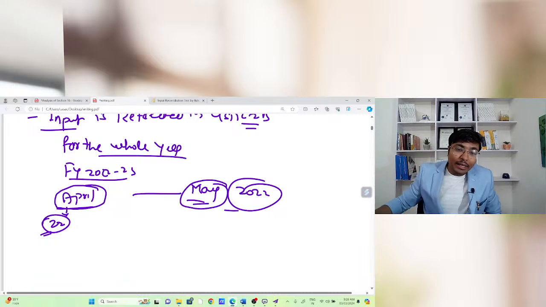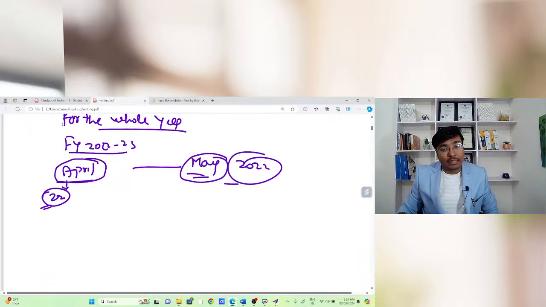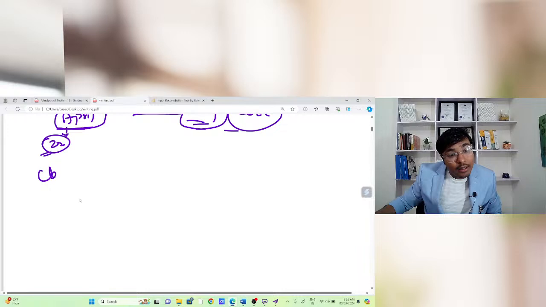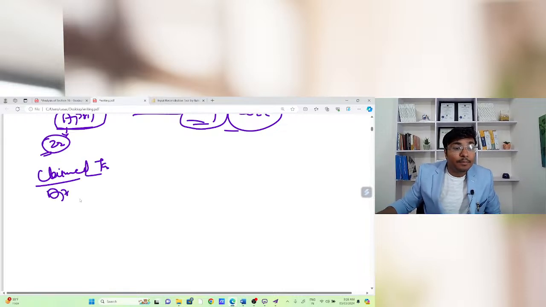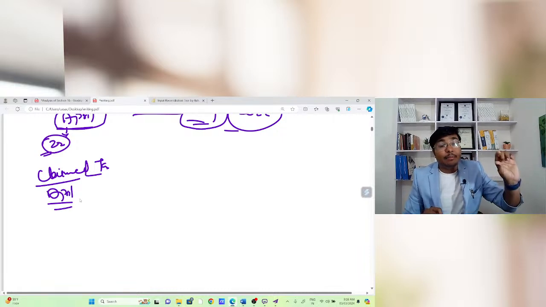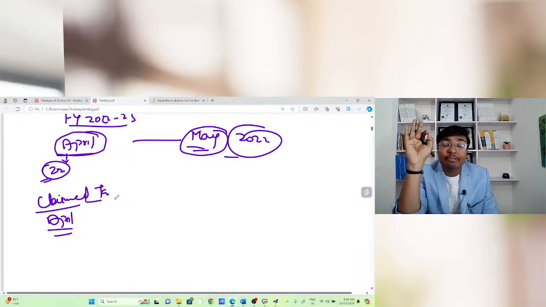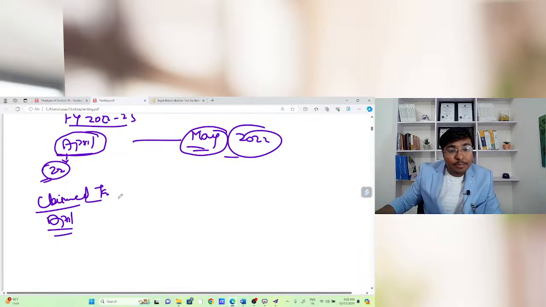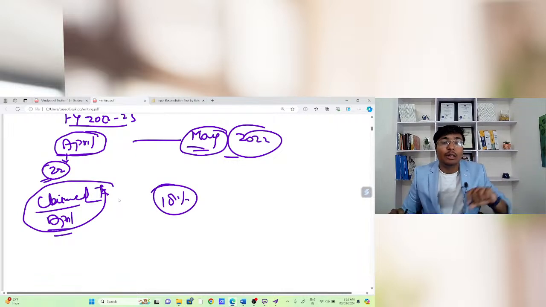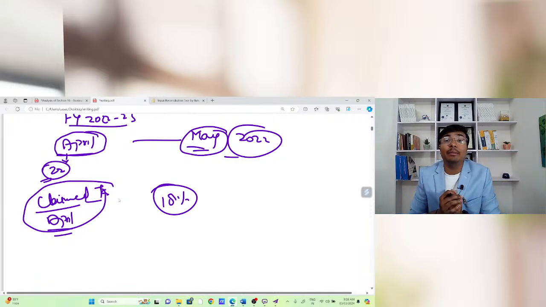Now, the point is that the taxpayer has claimed the input tax credit in April month and the input is reflected in May month. The taxpayer has paid the interest at the rate of 18%. He said that my eligibility comes in May, but I had claimed the same in the April month, so I am going to make the payment of the interest at the rate of 18%.